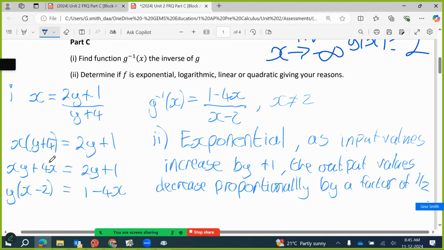So a nice clear definition there on that one. Okay, that is it for question 1.